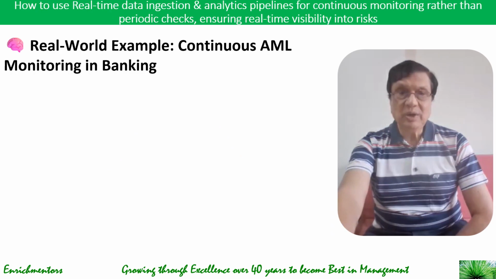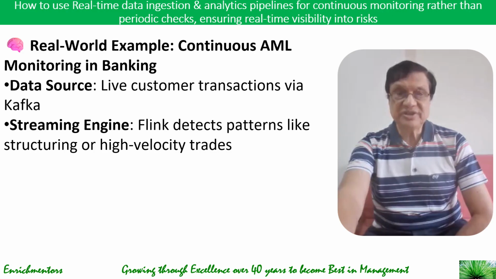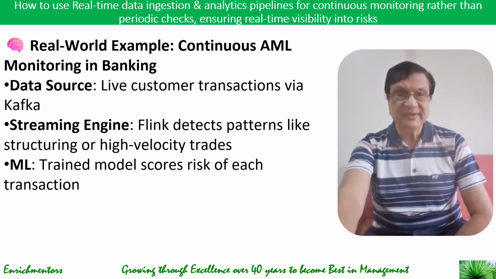Let's take a look at a real-world example of continuous AML monitoring in a banking system. So the data source is live customer transactions via Kafka. And your streaming happens through Flink, which detects patterns like structuring or high-velocity trades. And then a trained machine learning model scores risk for each transaction.